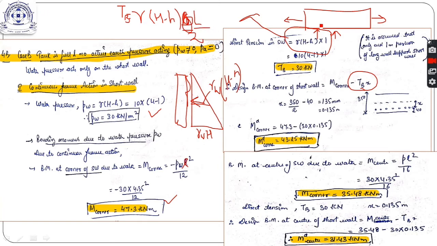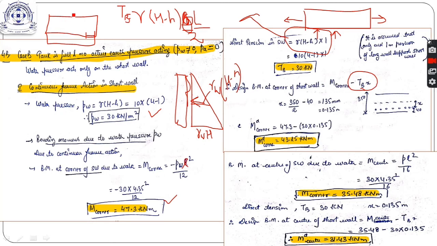So why are we writing here gamma w into H minus h into 1 meter? This concept I have already explained to you. In the case where L by B is greater than 2, only the end 1 meter portion of the long wall can support the short wall. So here we are not writing L by 2, we are writing 1 meter. I hope you understand this concept.